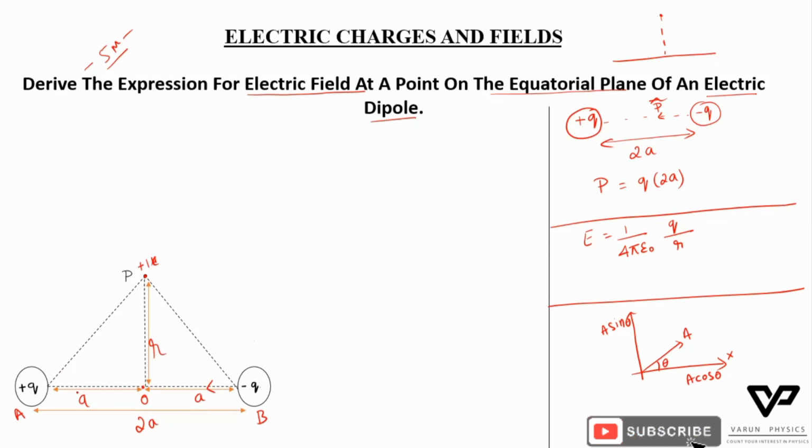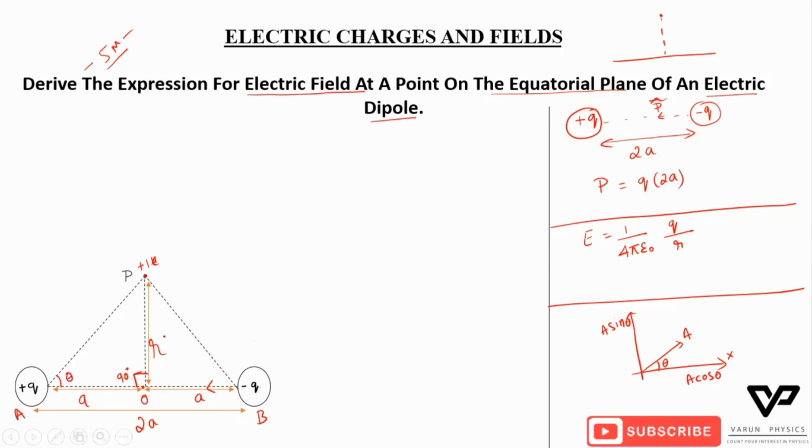This is the distance a and this is r, and this is a perpendicular bisector, therefore the angle here is 90 degrees. Let us assume it makes an angle theta with respect to the horizontal. Since it is 90 degrees, this makes a right angle triangle.